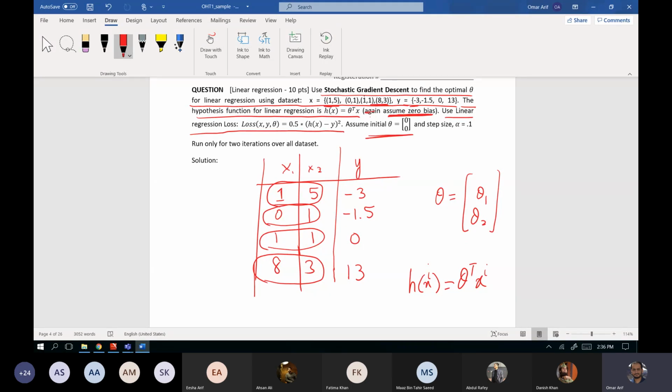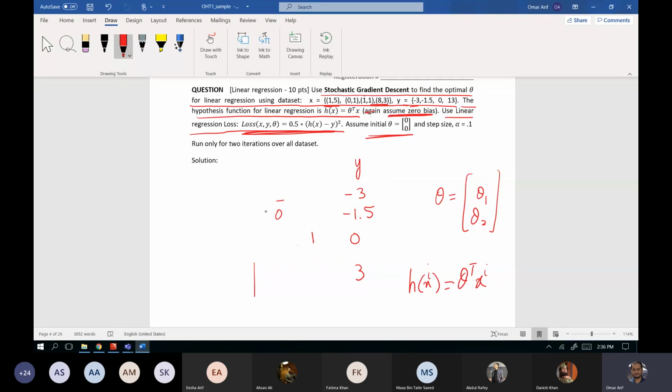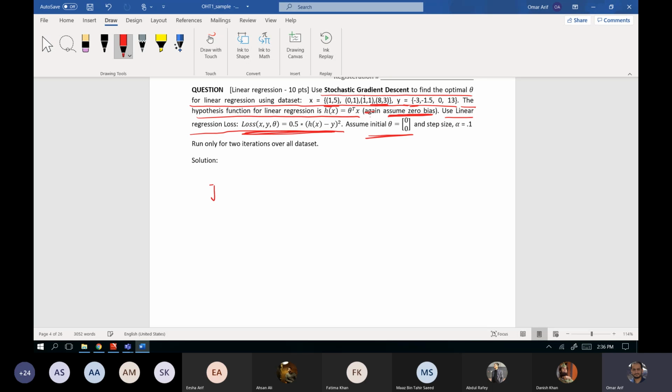After that, this is my loss function, and remember, this is my loss function for linear regression.